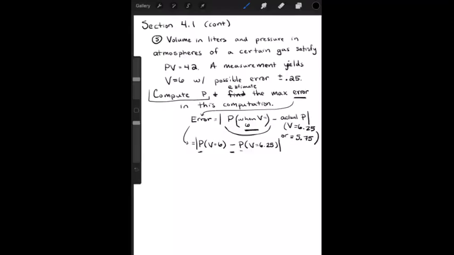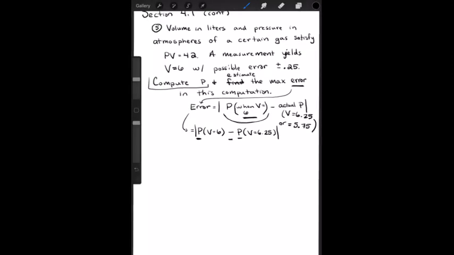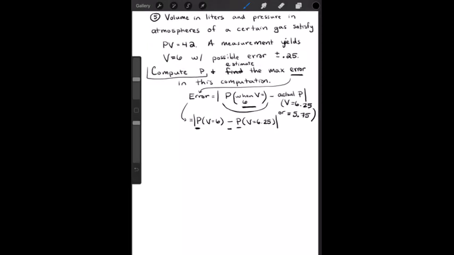And it's the same function, just with two different values plugged in, right? So let's get ourselves a little bit extra room. Let's do this easy piece first. Right? So if v equals 6, what's p going to be?